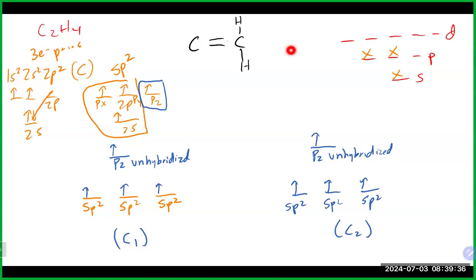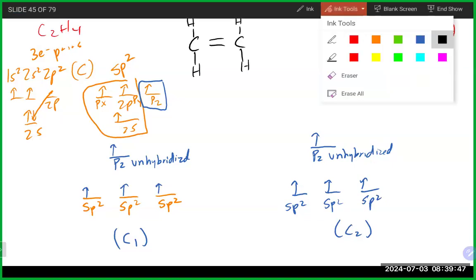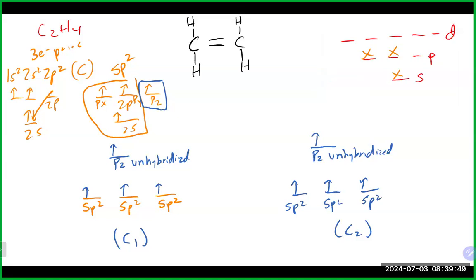So now we can think about how all the bonds are going to happen. I'm just going to number the bonds and show you where everything ends up. So we'll call this bond number 1, that will be bond number 2, and that will be bond number 3.